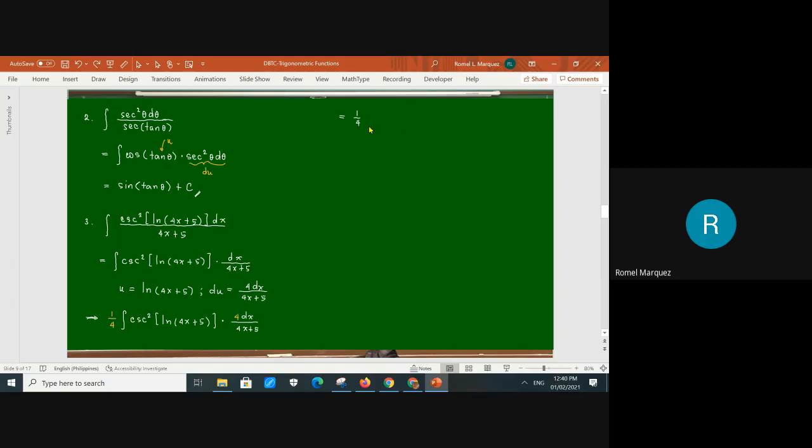What's the answer, guys? Negative cotangent. Yeah, negative cotangent. And then copy the argument, ln of 4x plus 5.